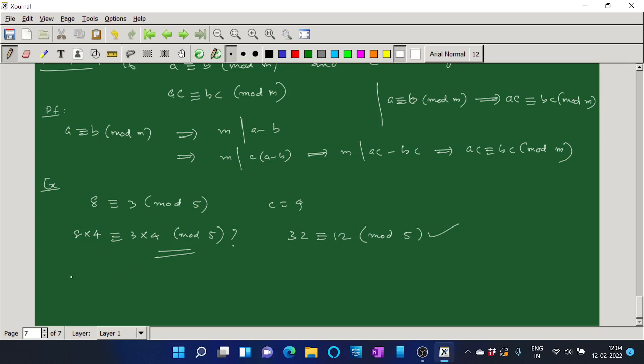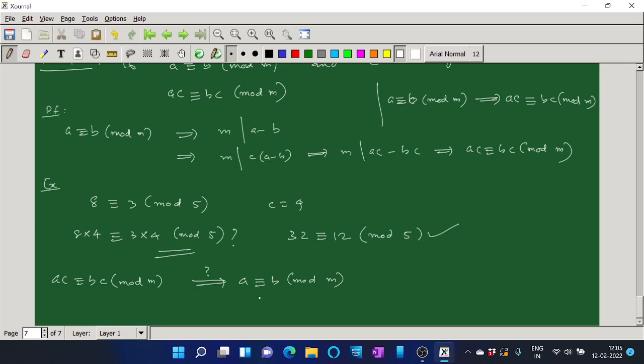Now here we have to understand another concept. If AC congruent to BC mod m, does it imply, by cancelling C, that A is congruent to B mod m? If AC is congruent to BC mod m, suppose you are cancelling this C, will it imply A congruent to B mod m?